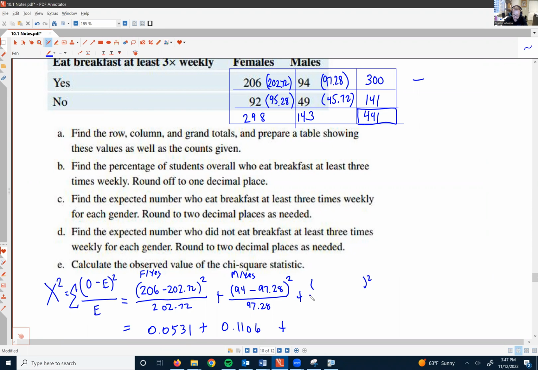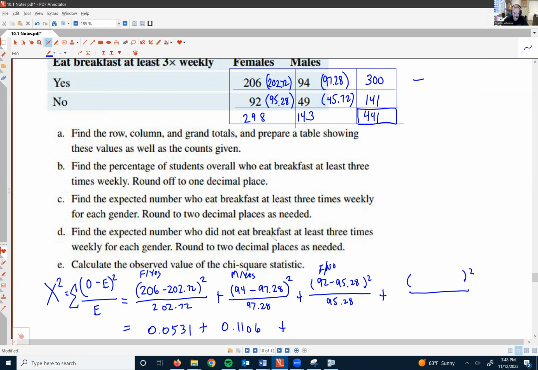Continuing on, we're going to go to females who said no. And we have an observed of 92 with an expected of 95.28.